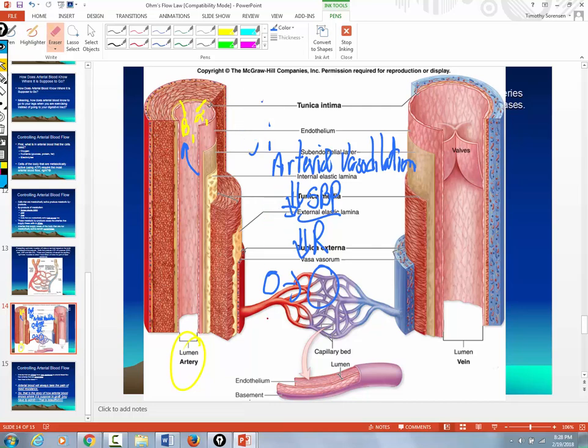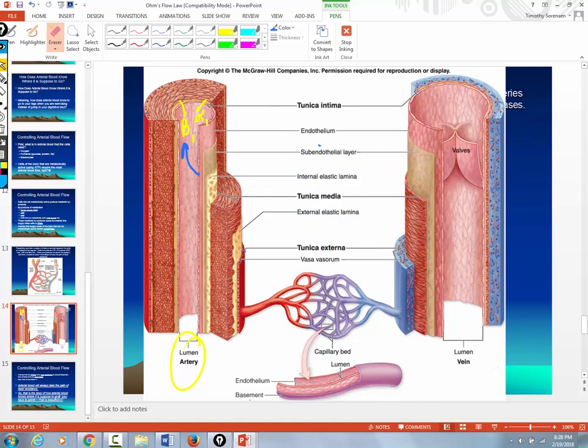Normal levels of epinephrine. At scared levels of epinephrine, high levels of epinephrine, epinephrine binds more to alpha 1 receptors. So high levels, scared levels of epinephrine. Epi selectively binds to alpha, I'm going to spell it out too, 1 receptors. And you have alpha 1 receptors literally on every artery of your body.